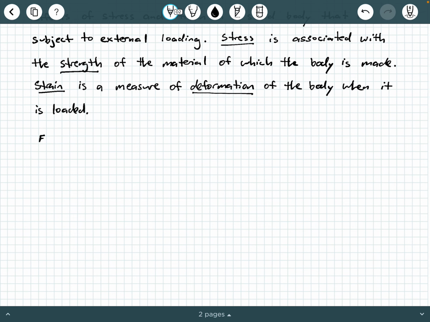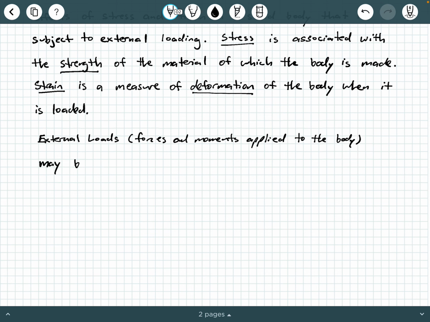So external loads, which can be forces and moments applied to the body, may be considered as either surface loads or what we call body loads. Okay?